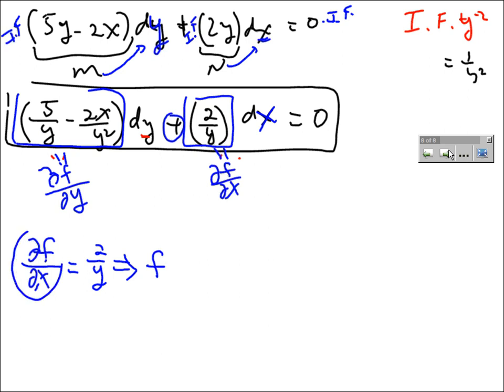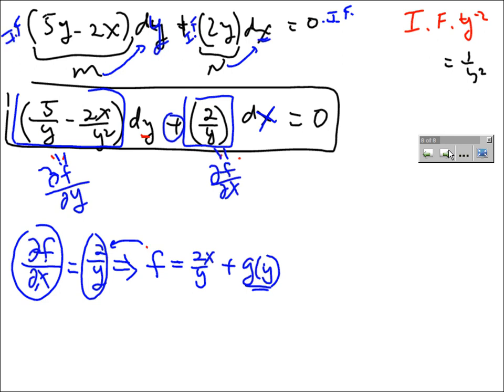When I integrate this, I just get f. When I integrate that constant with respect to x, I get 2 over y x plus a constant of integration, which can be a function of y. Because when I take the derivative, when I go back, the derivative of that function of y will be 0.